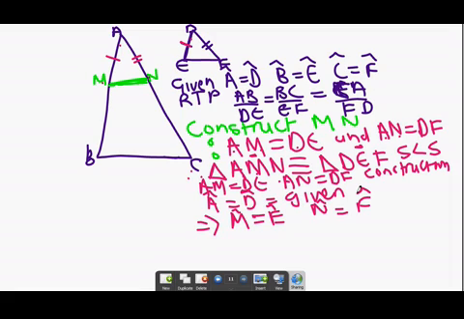But angle E is equal to angle B. Therefore, angle M is equal to angle B. Also, angle F is equal to angle C. Therefore, angle N is equal to angle C. Let me just write that clearly.